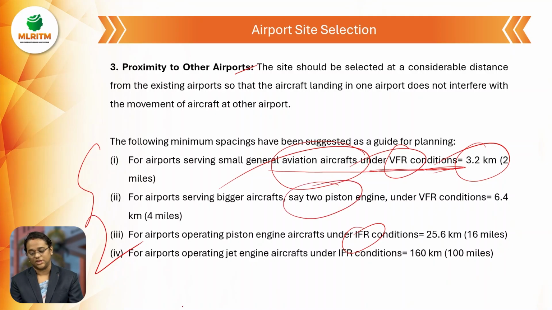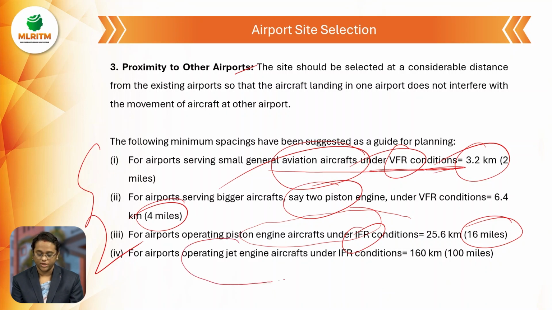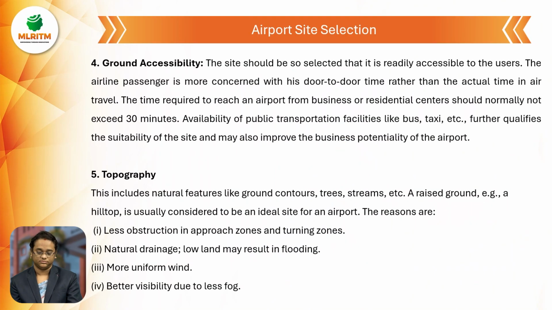For two piston aircraft, 4 miles is required. For domestic flights using a single piston engine, a minimum of 16 miles is required. Where you are using a jet engine aircraft, a minimum of 100 miles is required between two consecutive airports.